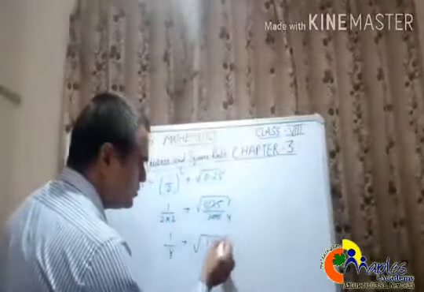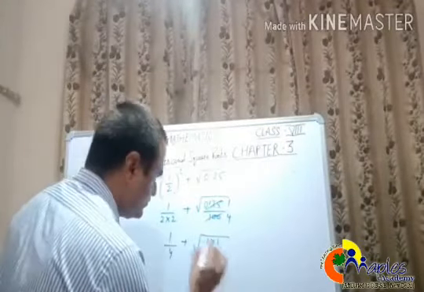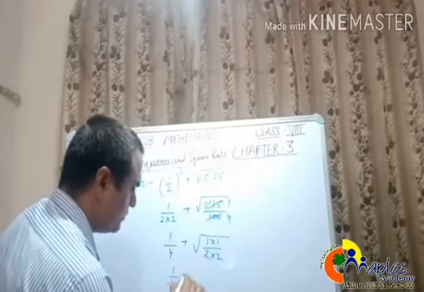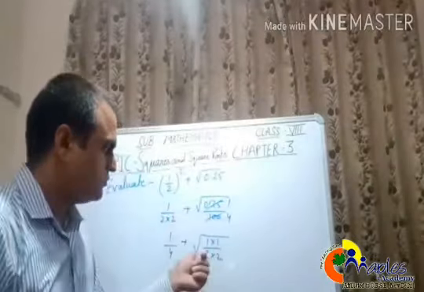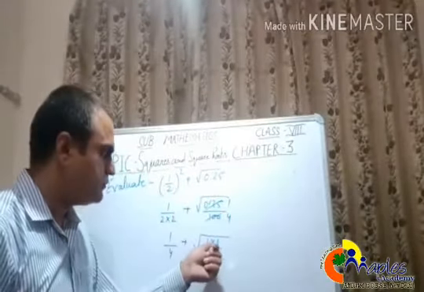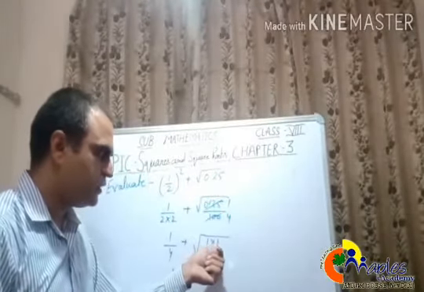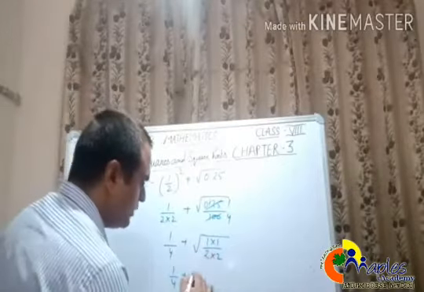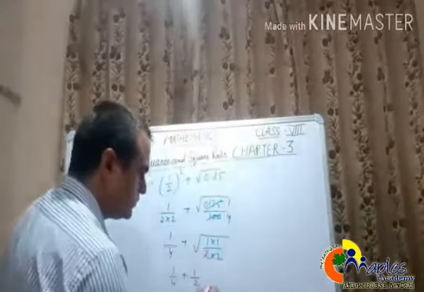What are the prime factors of 4? 2 into 2. So 1 upon 4 plus, from the pair under the square root sign we take one digit, 1 upon 2.